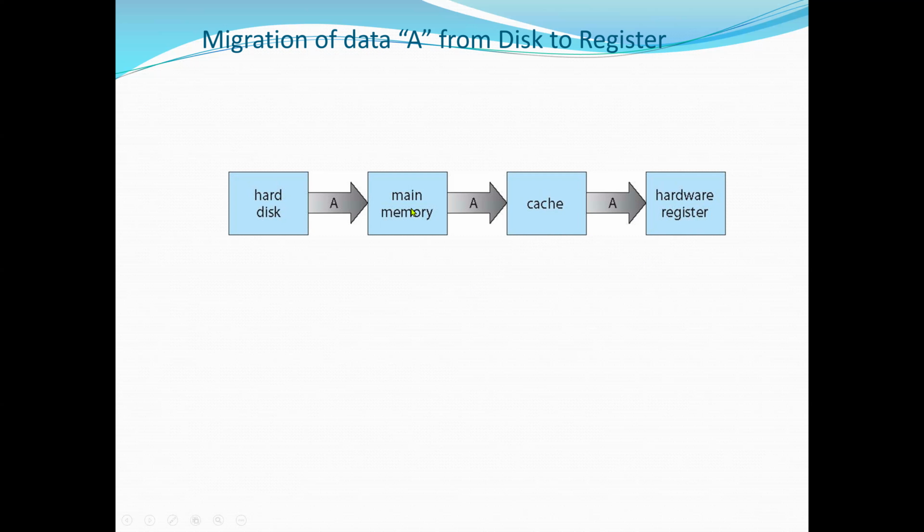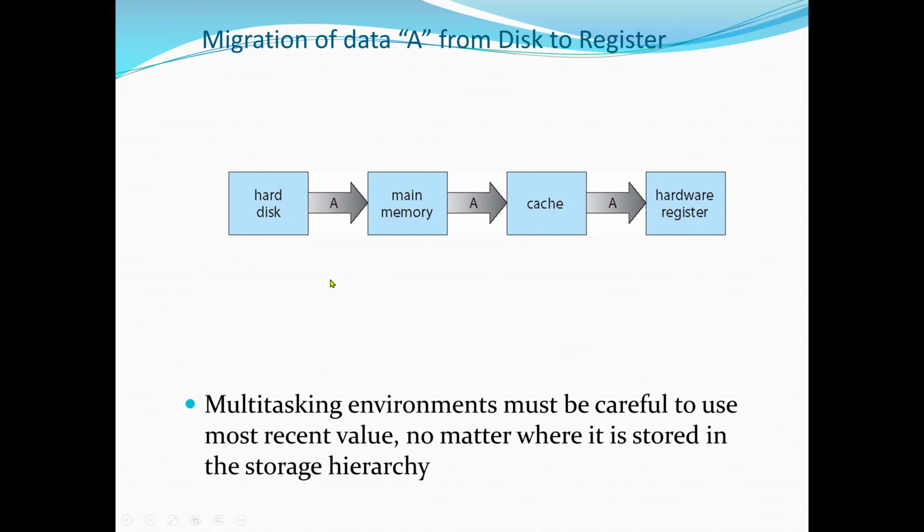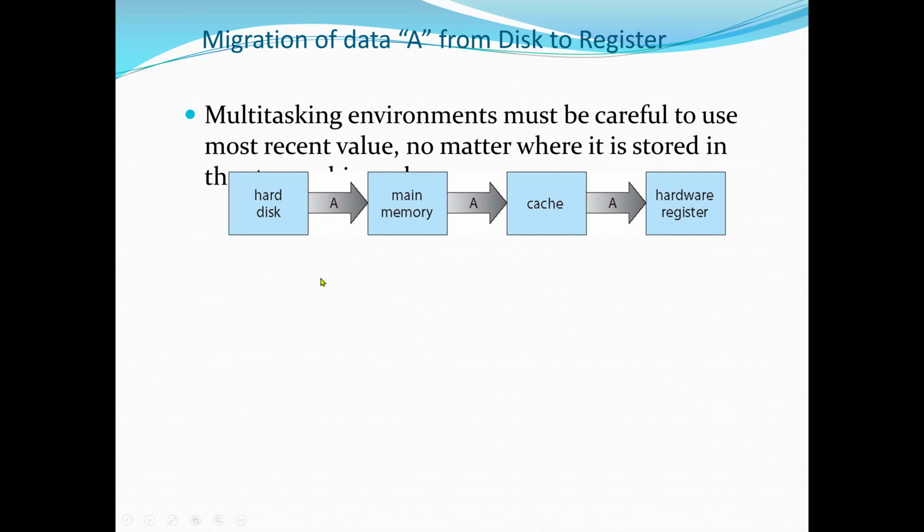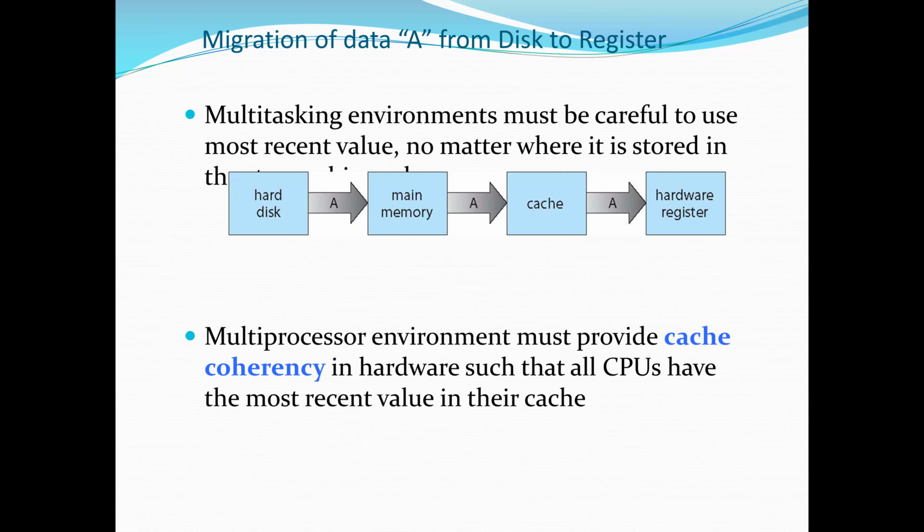Then the main memory, then again the hard disk. A multitasking environment must be careful to use the most recent value, no matter where it is stored in the system. A multiprocessing environment must provide cache coherence in hardware, so that all CPUs have the same recent value in their cache.